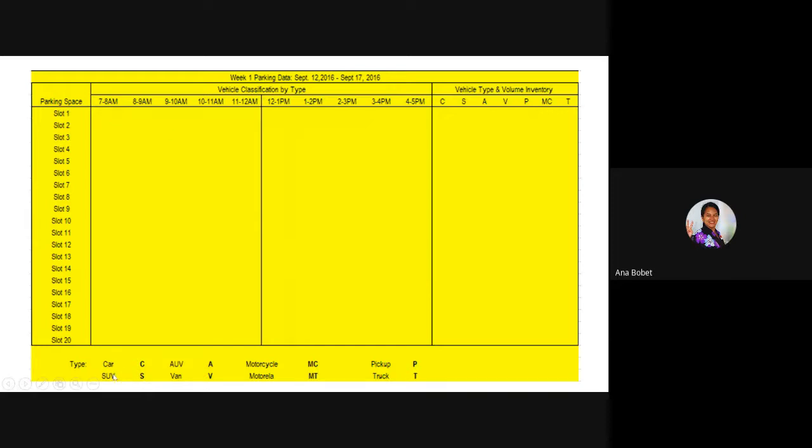So, pwede C, car, S, SUV, MT, Motorella, pickup P, and then kung jeepney, J, so something like that. So, pag at the end of the day, ma-account nila pila de kabuok ang nagpark and nani nga type, no? Pila ka cars, pila ka SUV, pila ka yan. So, that's the second column na analysis.